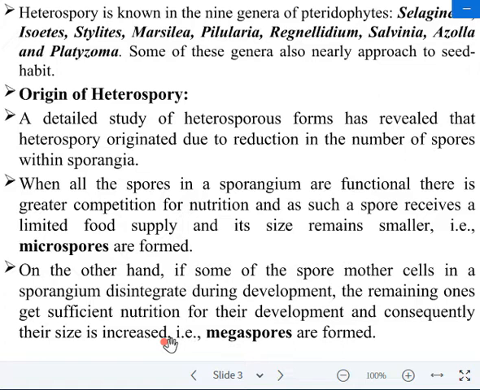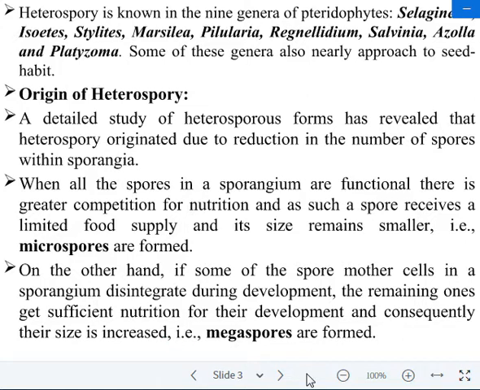When all the spores undergo reduction division and produce a number of spores and all become functional, in such a condition competition develops among the spores. Some spores receive a limited food content from the sporangium sac and remain smaller in size, known as microspores, and some receive sufficient nutrition from the sporangium sac and become large in size in the form of megaspores.